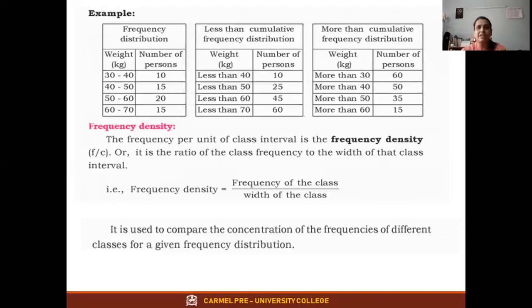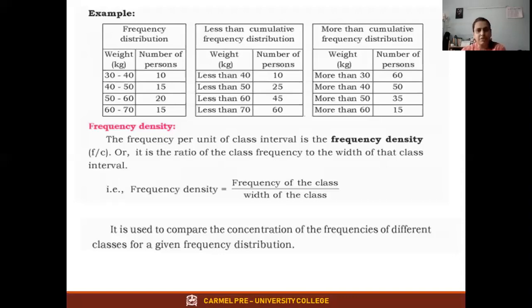Now, how do you find LCF? First 10 is the frequency, right? Write it the same, 10. Second one is 25. How did it become 25? 10 plus 15. I told you to add up frequencies. 10 plus 15 is 25. Next, 25 you have, add 20.